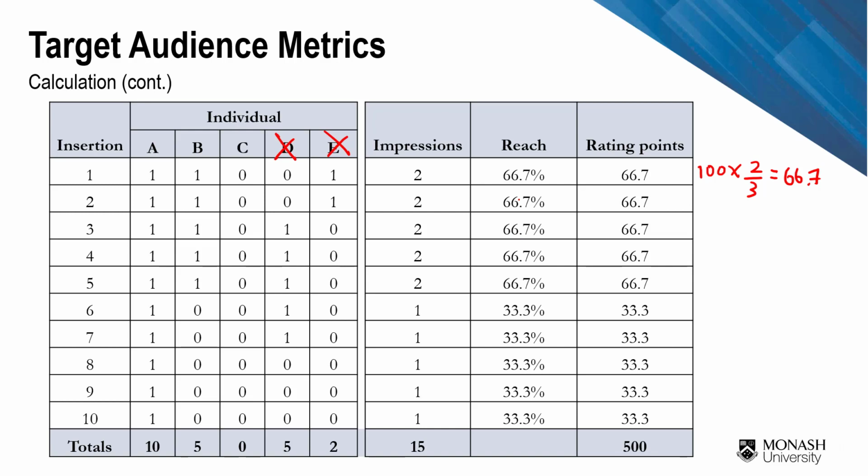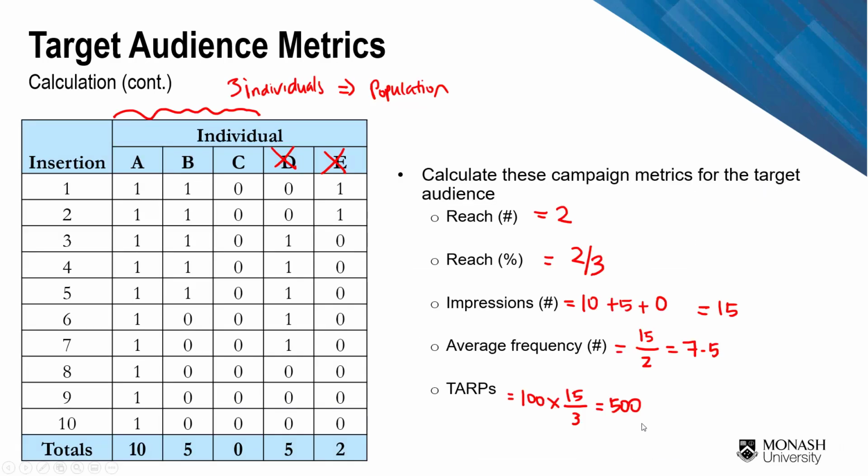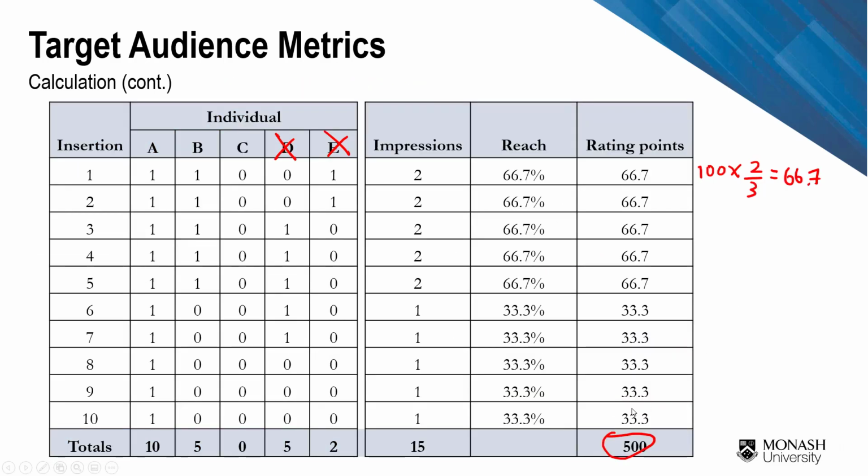And you'll do that for all the insertions that you have with this method. The sum of these rating points will then give me 500, which is the same as what we calculated right here. That will be my TARP. So this is TARP. Again, the same thing as the GRP, or the gross rating point, the TARP is the sum of all the targeted insertions.